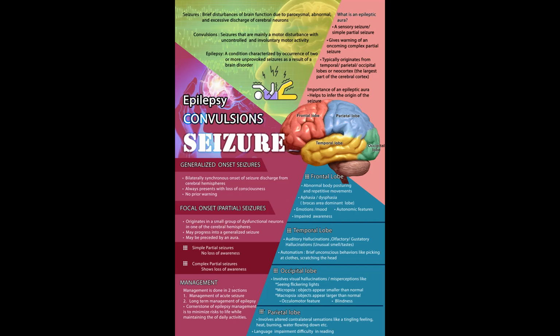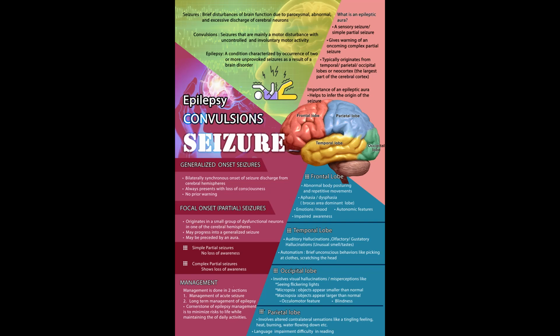It is a simple partial seizure, often sensory, that gives warning of an oncoming complex partial seizure. Auras typically originate from the temporal, frontal, parietal, or occipital lobes. Let us look at some examples of epileptic auras that can help with inferring the origin of the seizure.